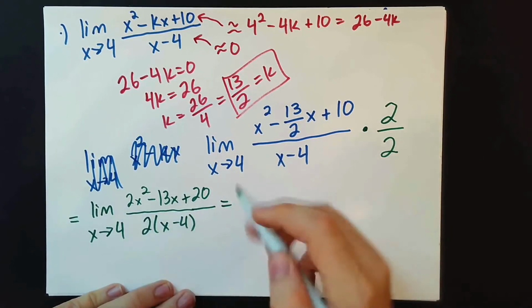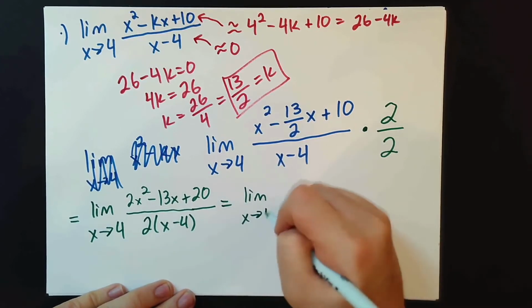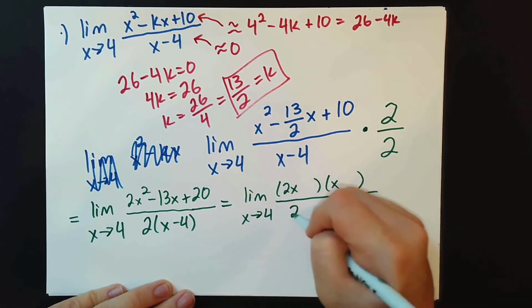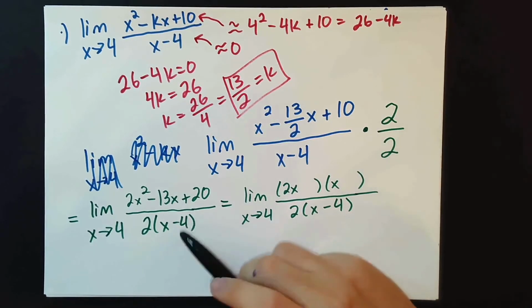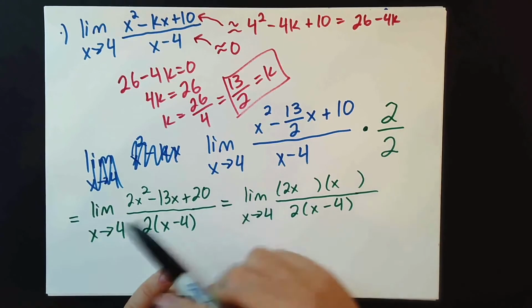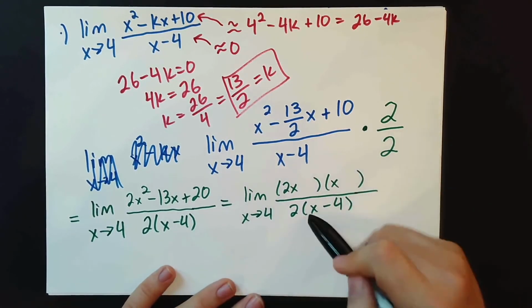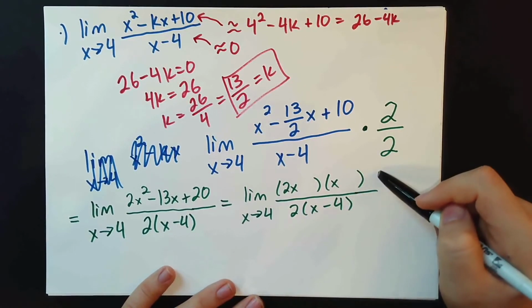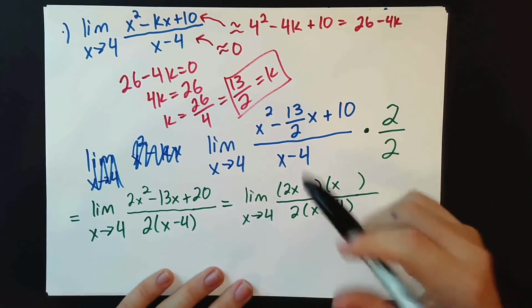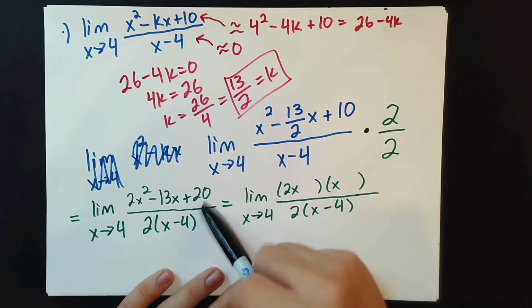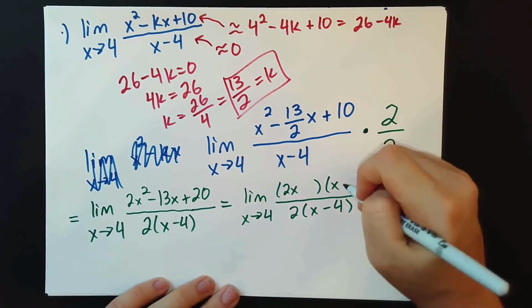Now this looks like something nice that I can factor. Okay, let me go ahead and show you a little shortcut that you can take. I know how this is supposed to work out. This x minus 4, it's got to cancel with an x minus 4 up here. Okay, there's no other way for this to work out. Which means that when I go to factor this thing, I actually know one of the factors is x minus 4.